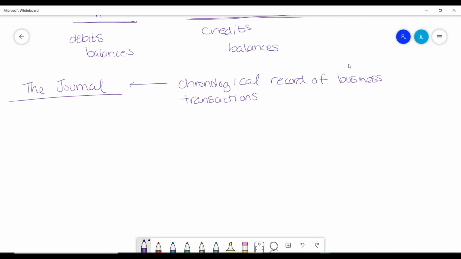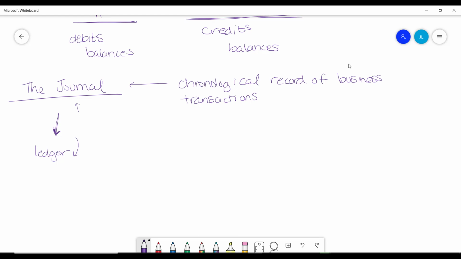So when we engage in a transaction, we journalize it in the journal, and then later it's transferred from the journal to the ledger. We don't do that with every entry necessarily. Usually, practically speaking, you wait until it's convenient to transfer a bunch of entries to the ledger, but it can also be done immediately.